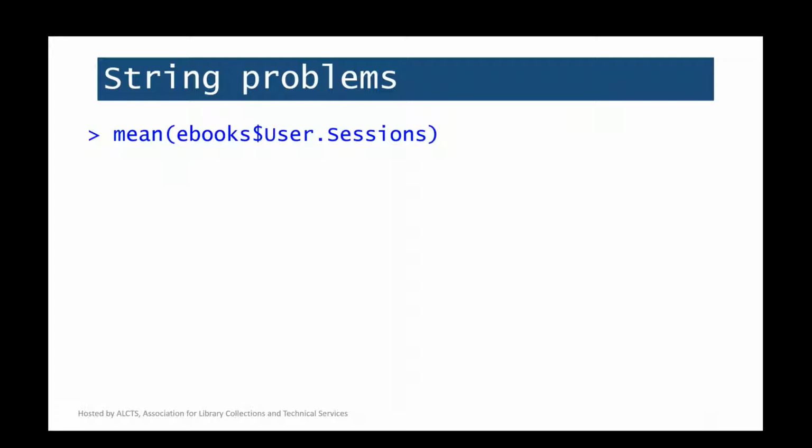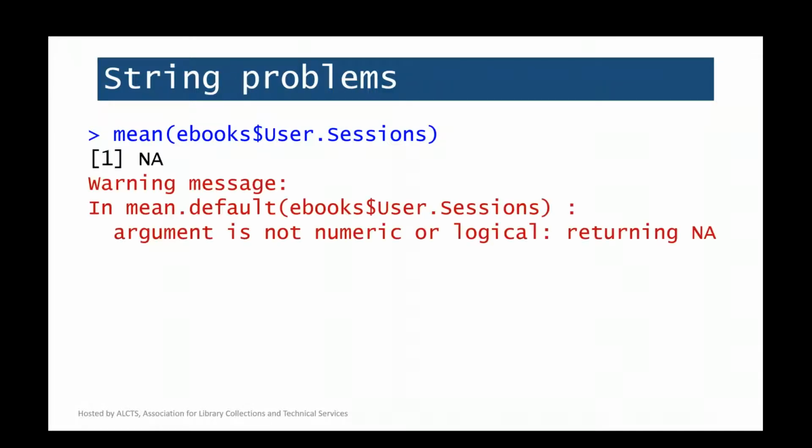First thing I may want to do is to take the mean user sessions for all ebooks and say, on average, how many sessions does a book have? Well, if I run this expression, I'm going to get this warning message, and it tells me in this mean function, the argument, which is the user sessions vector, is not numeric or logical.